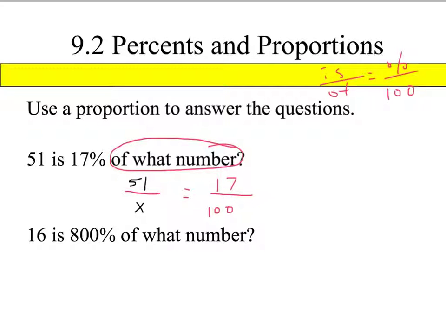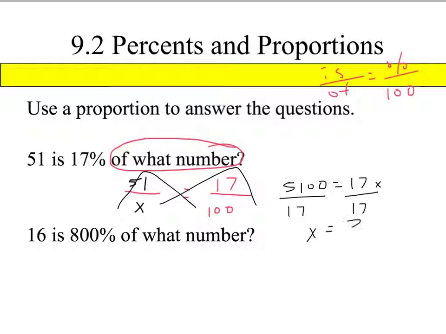So again, cross multiply here, and I have 5,100 is equal to 17x. Again, I need to divide by 17, and x is equal to 300.